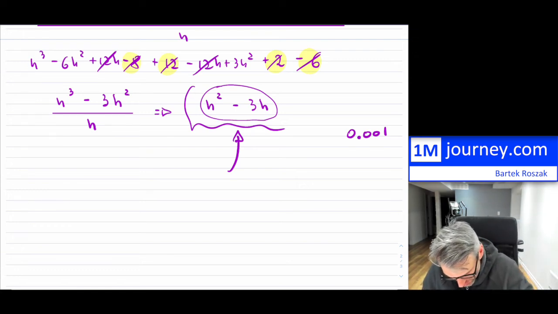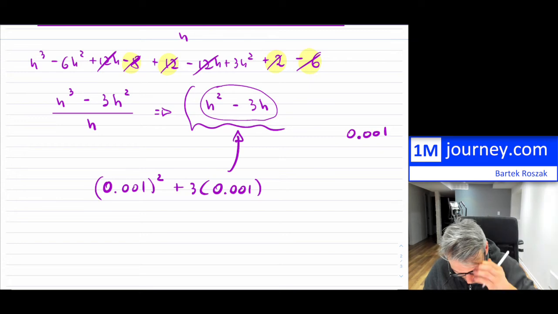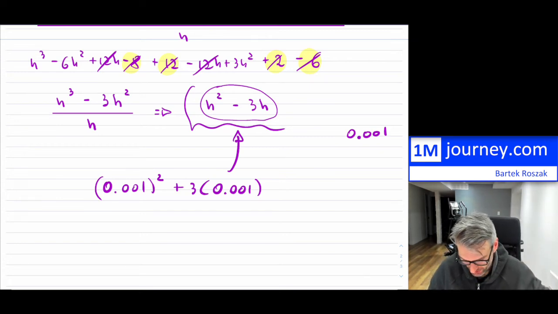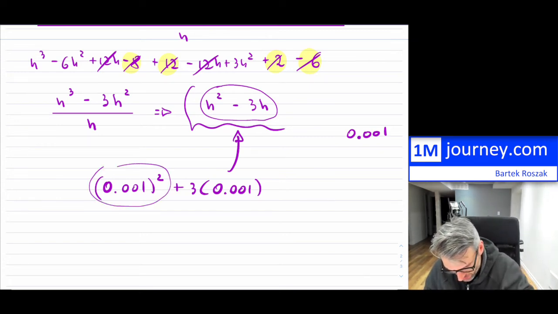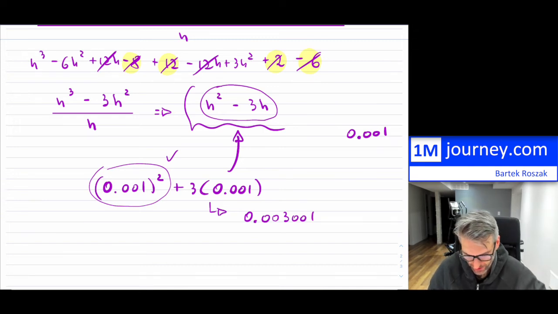If I substitute this in for h, this is going to be very tiny, and because I'm squaring it, it goes to about 0.003 plus that little tiny amount, so it becomes smaller and smaller.